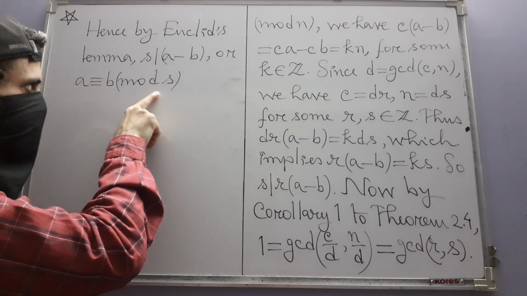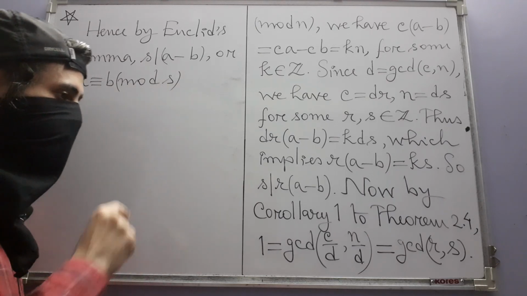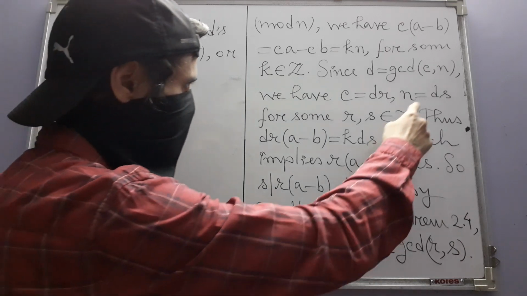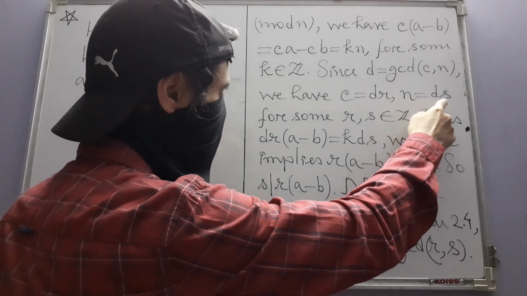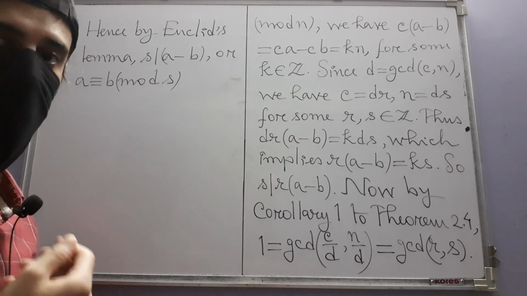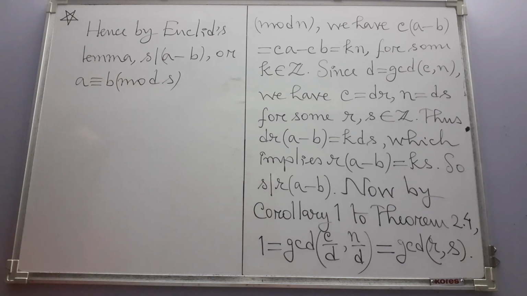Whenever you write a congruence like this, you always have to make sure that the modulus is a positive integer. Remember, just now we said that S is non-zero, but that time we actually noticed that S is positive, and that's why we can write this. Okay. So we now have this.